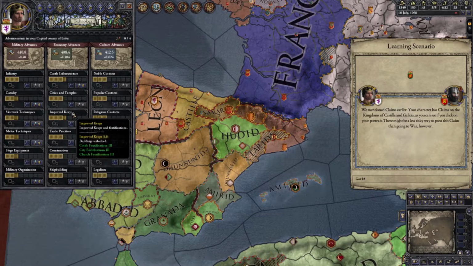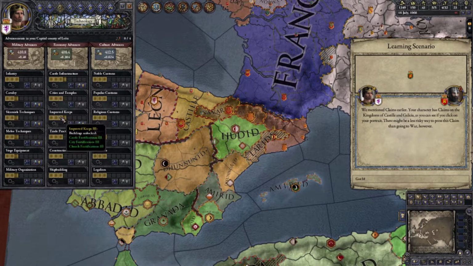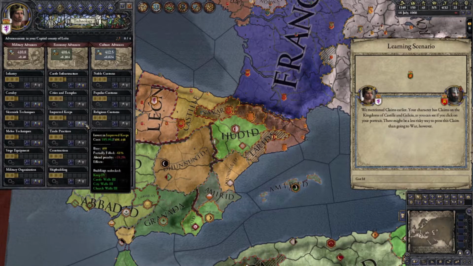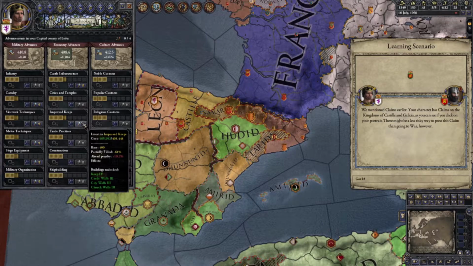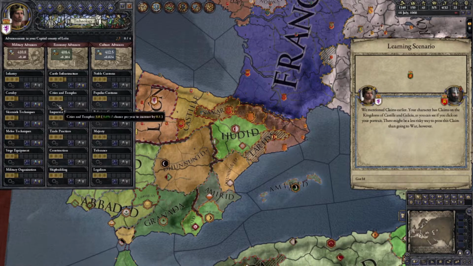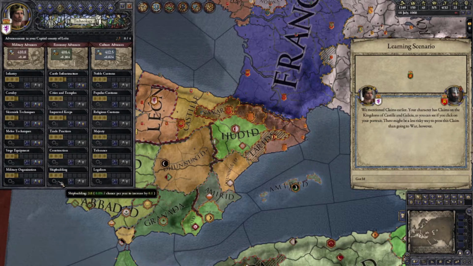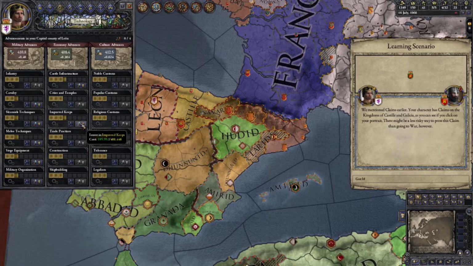Improved keeps. So then we can build larger fortifications, more options. Excellent. Cities and temples. So, there's a chance per year to increase. Okay, I see. Yeah, technology is really slow in the medieval period. Cool. Cities and temples.